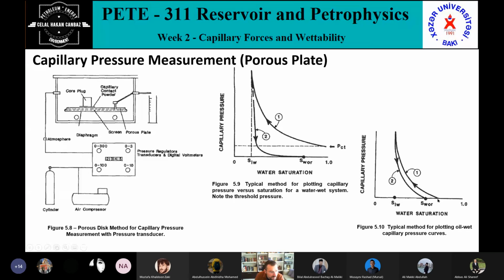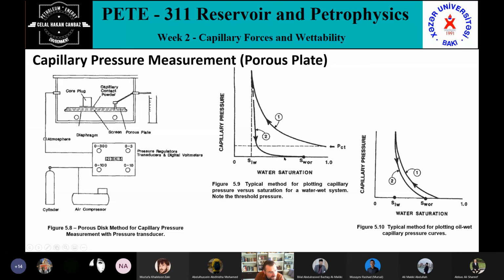Anyway, we started, it's going. Let's check this one. It reached a certain level of irreducible water saturation, and this one also reached a certain level of irreducible water saturation. Very good. When I come to the second part, when I am increasing the water saturation, I am displacing with water.